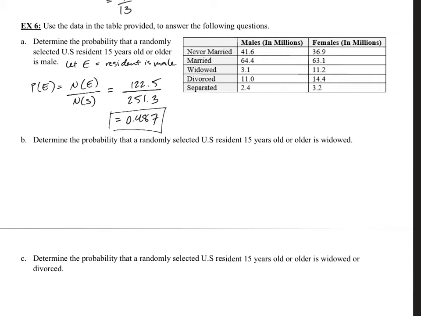Okay. Well, let's see. I'll pick a new one. Let F equal the event that the resident is widowed. Which means we're looking for the number of widowed folks divided by the total number of our sample space. And we already found the number for our sample space previously, which was 251.3.